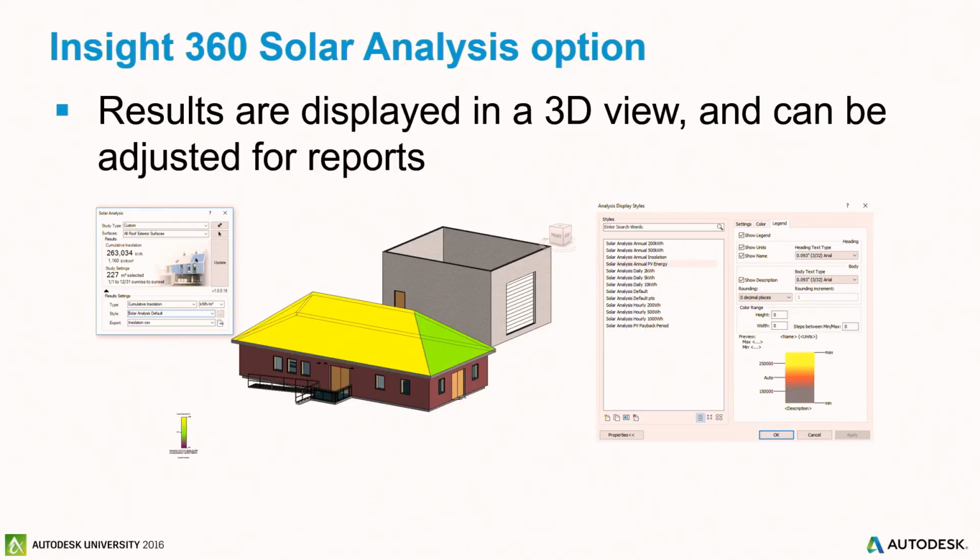That's the best location that I can go and put solar panels. And it gives me a report: look at the analysis. What's the annual energy value? At different loads, what's my daily analysis? What's my hourly? I can change these reports simply by selecting a different type, and I can also change the colors and make them pretty, right?